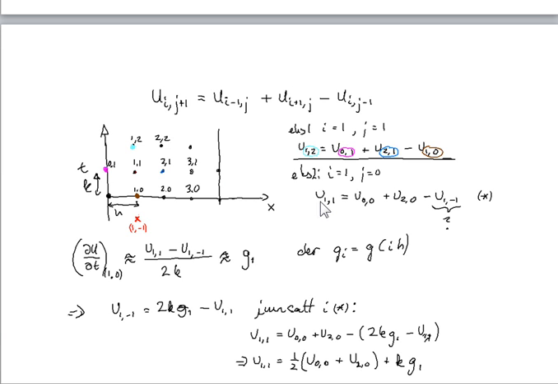If we want to put i equal to 1 and j equal to 0, then the following happens. Just replace i and j equal to 1 and 0 into this discretization equation. We obtain this equation. And this is no problem, these two values, but this value is a problem because we do not have any point 1, -1.